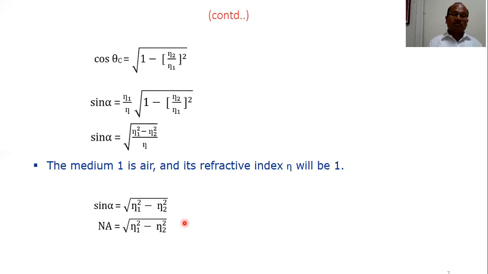So we have noted that when the composition of material changes, the numerical aperture changes. Numerical aperture is related to the design consideration or composition factor of the optical fiber material. So this is the relation between numerical aperture and the acceptance angle.